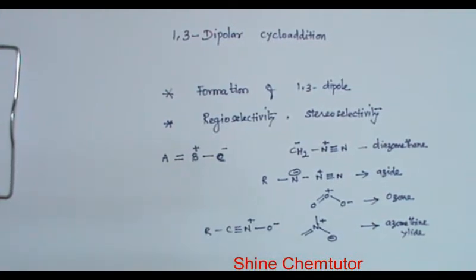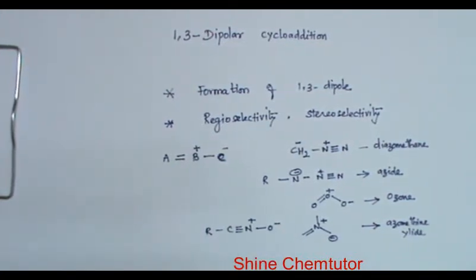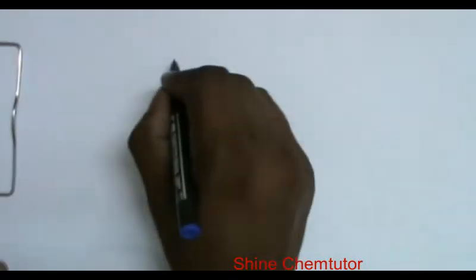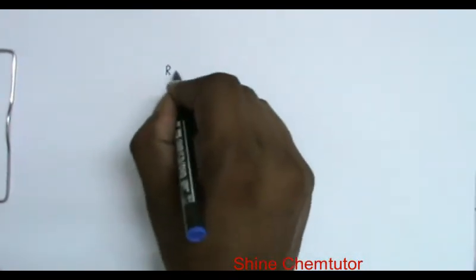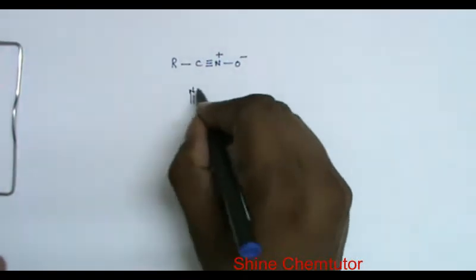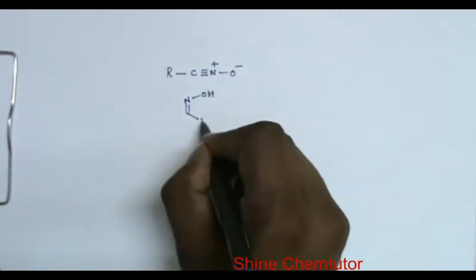Now the question is, how can we prepare these 1,3-dipoles? What are the methods available to prepare them? I go for nitrile oxide. This is nitrile oxide. It is prepared from oxime.